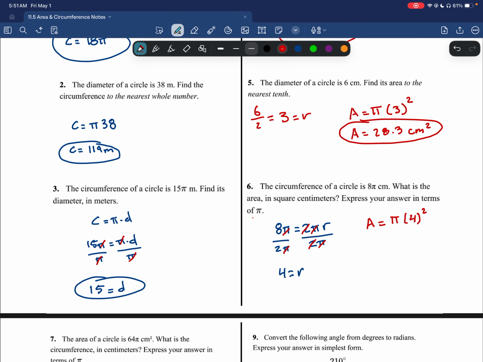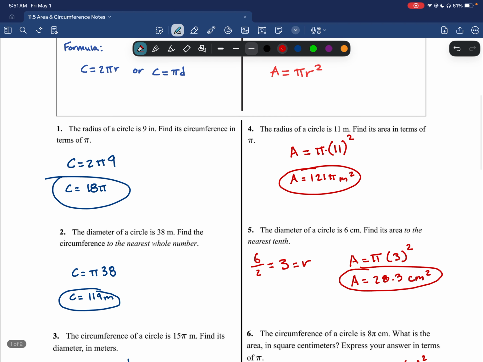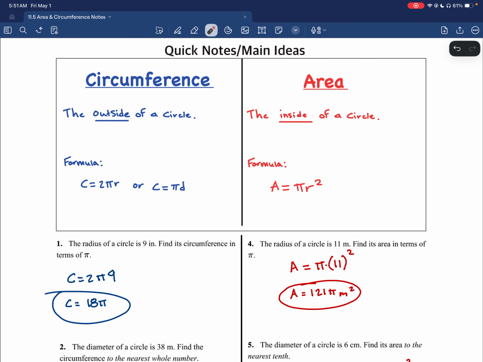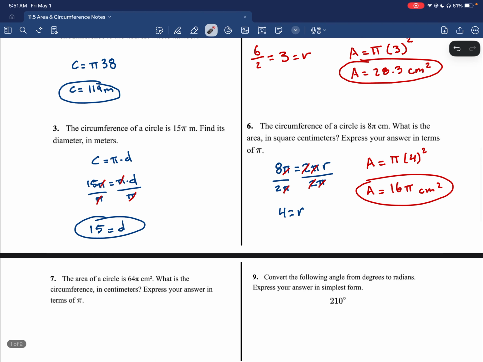It wants my answer in terms of pi, so that'll be area is equal to 16 pi centimeters squared. Okay. So sometimes when you're going from one of our things like circumference to area, you're going to have to use two equations. It's the same thing if we're going from area to circumference. Okay.